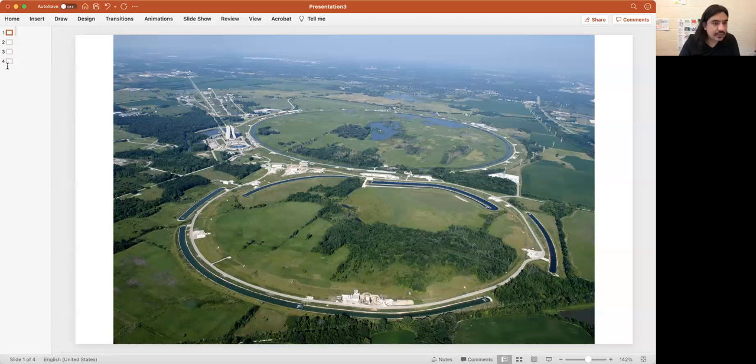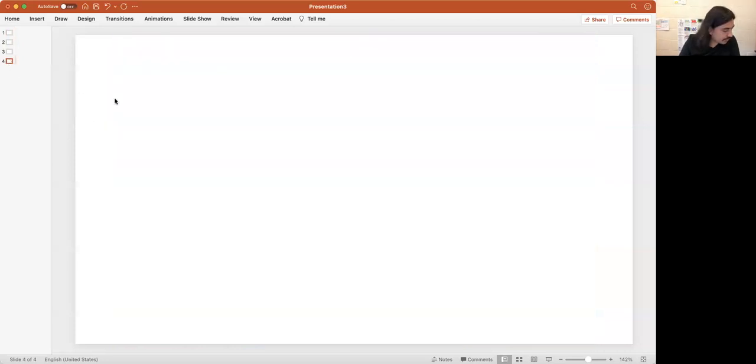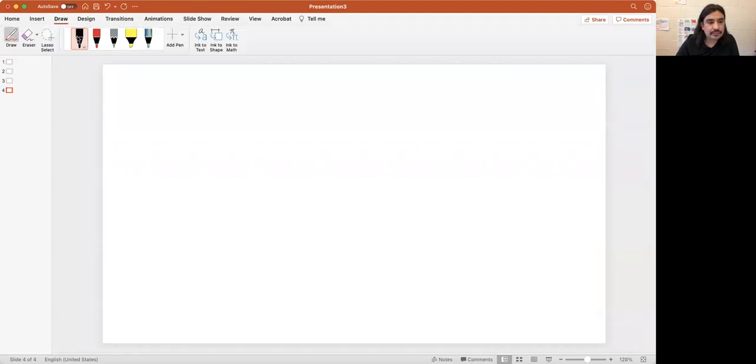And the first thing I wanted to do was give you this. I'm trying to draw on something different because Zoom makes my handwriting too wiggly.